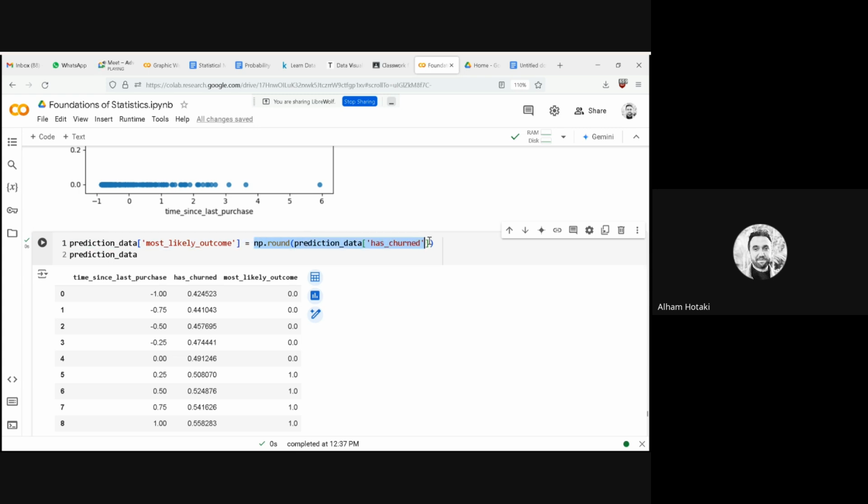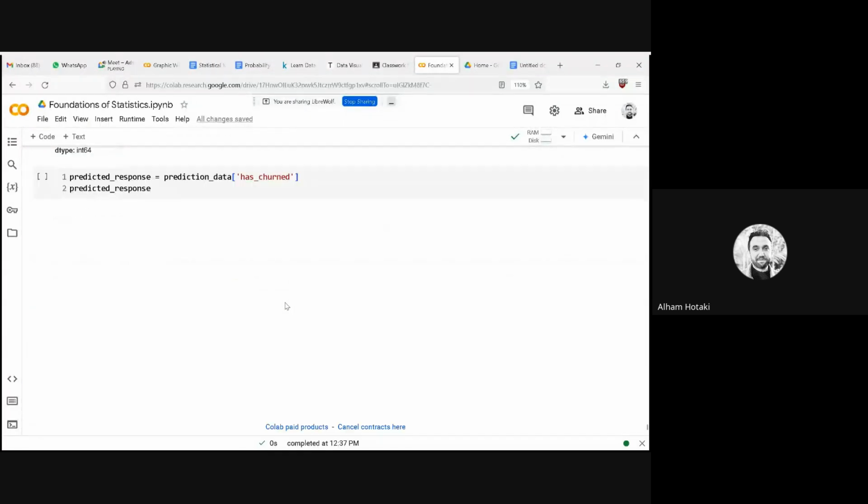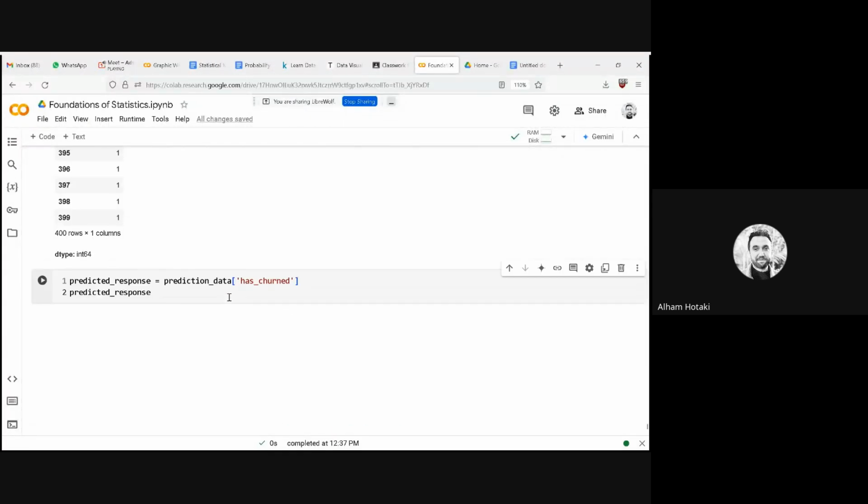So we don't need the likelihoods here. We just need the round off one. So the whole thing has to be 0 or 1. If you just get the prediction data, it will give you this percentage of likelihood. But we want just 0 and 1, so to examine that, the response will be the round off one of the prediction data.